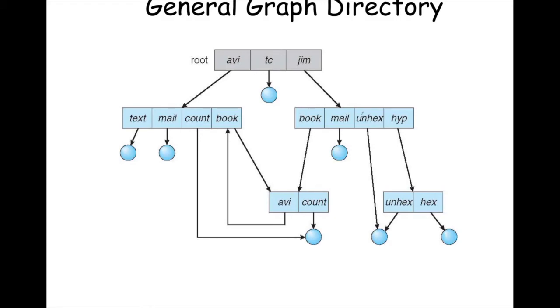You can also have a general graph-based directory. In this, of course, we start with our root directory, and there's our directory index containing file system objects. A file system object, which is another synonym you'll see, can either be a file or a directory.